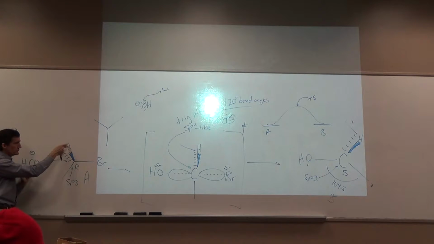What if these three things were big, like t-butyl groups or huge alkyl groups? It could really block this area. And as this gets in, when these electrons come close, this is all electrons. As electrons come close, the energy gets high.